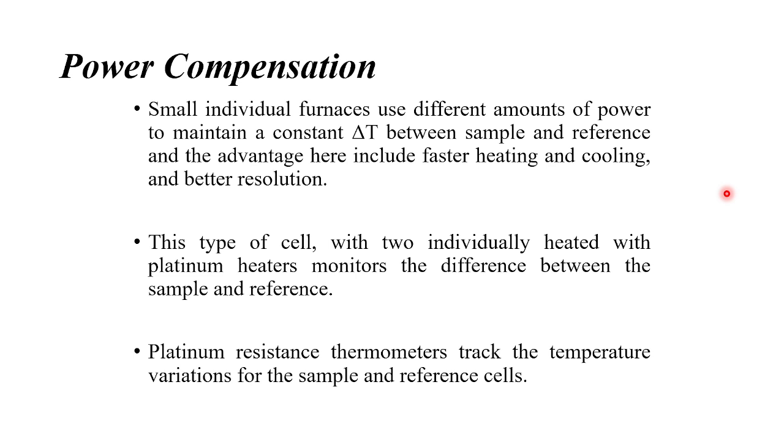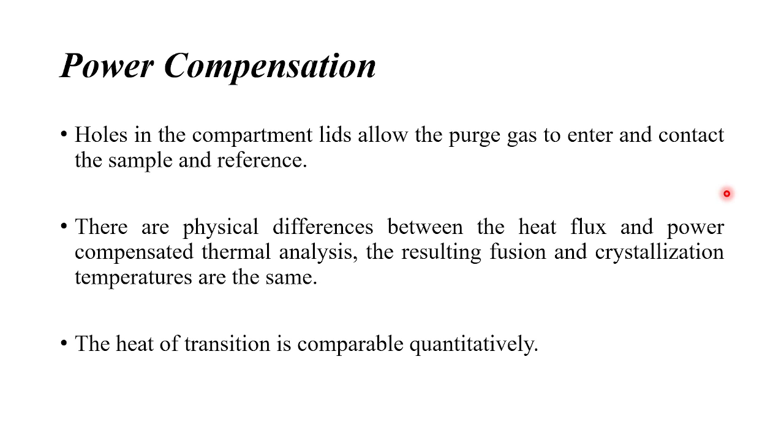Platinum resistance thermometers track the temperature variation for the sample and reference. Holes in the compartment lids allow the purge gases to enter and contact the sample and reference. Based on your requirement, whether it is inert atmosphere or oxidative atmosphere, you need to purge different gases.